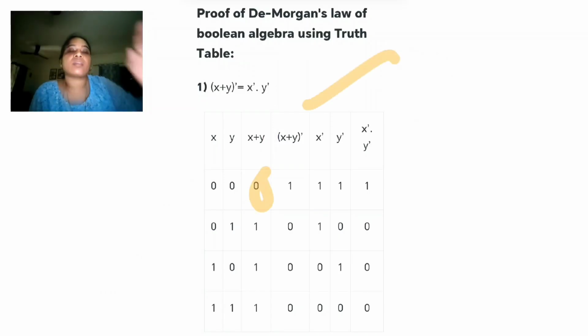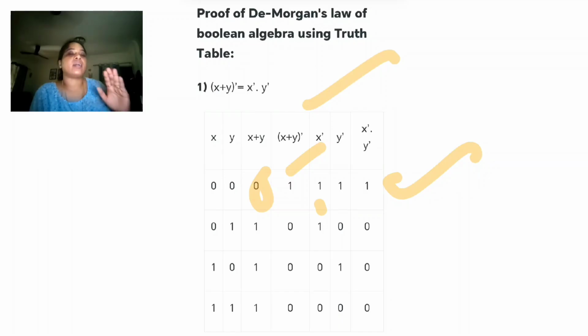If you are using the other expression, x plus y, the voltage, you can get that output is 0. If you are passing the input in on position, you will get the output also in on position, because that expression should be expanded as x dash y dash.